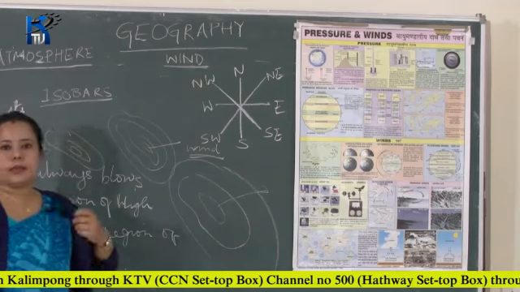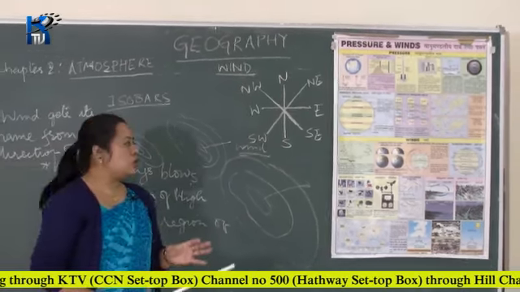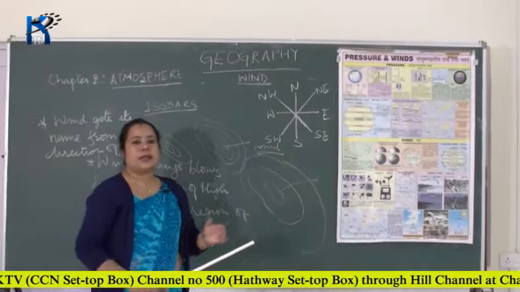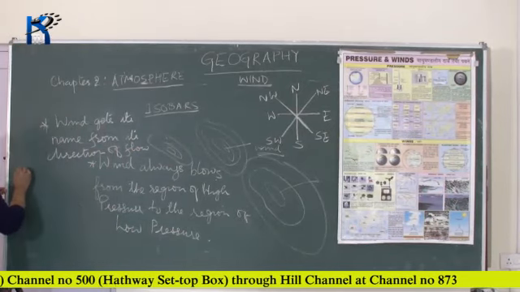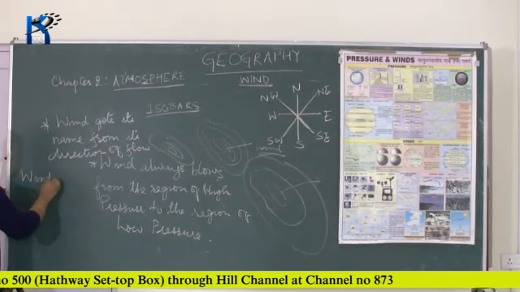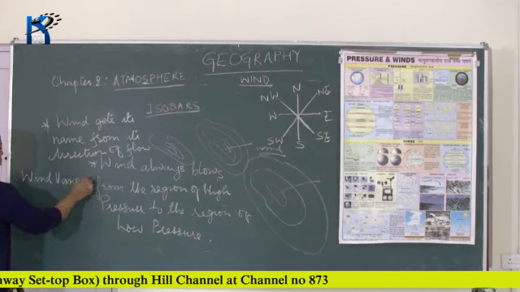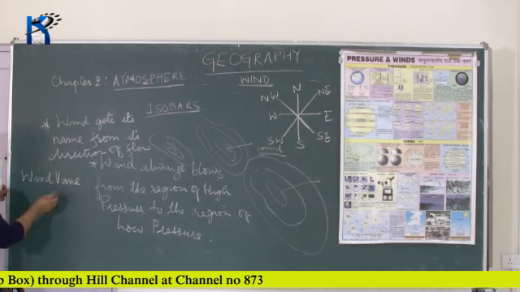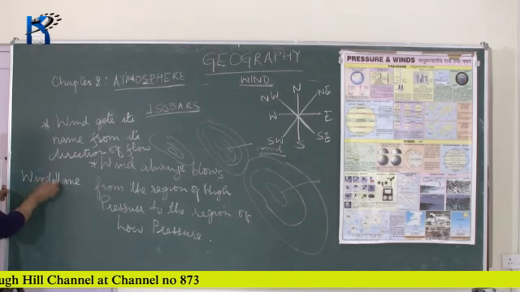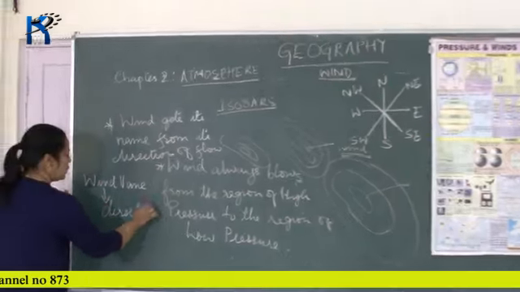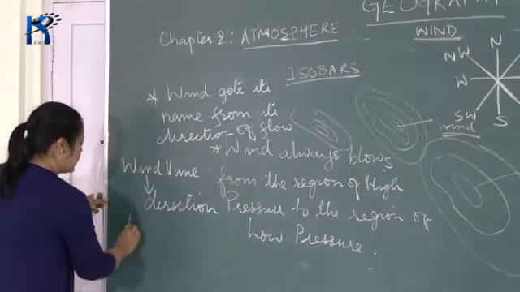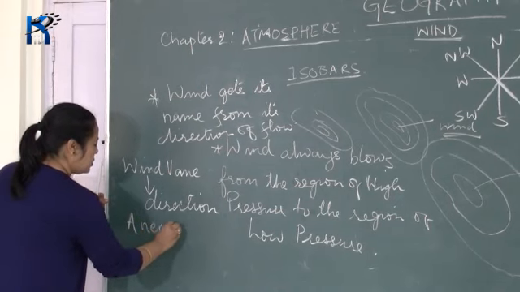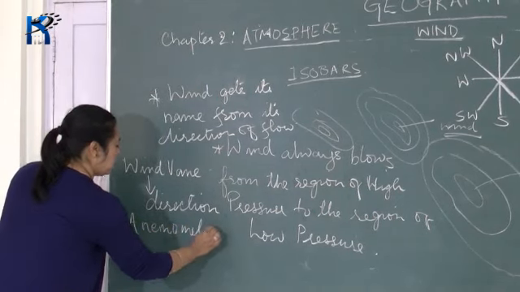Another important thing is the instrument. The instrument which gives the direction of wind is the wind vane. Another instrument is called the anemometer.